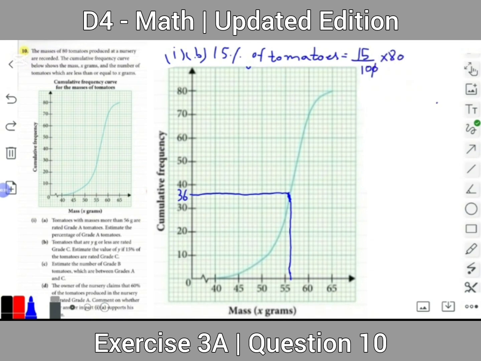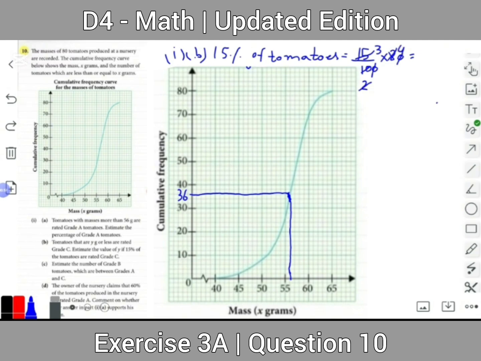So 0 cancels out with 0, and here we have further simplifications. 5 3s are 15 and 5 2s are 10, so we have 2 4s are 8.